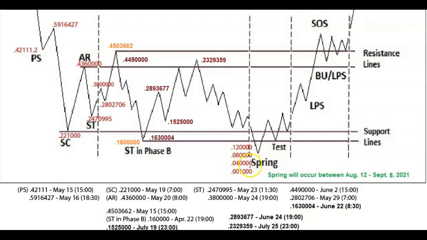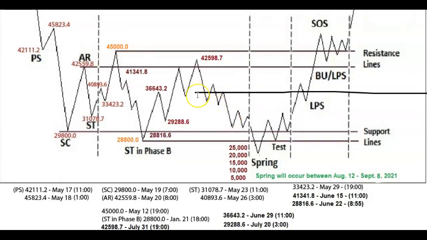And so, will we hit potentially 4 cents, 1 cent, or even lower? Possibly. Because if you go back to Bitcoin's chart, let's look at that. If we come back here to Bitcoin's chart, we realize that it went to 42,598.7.